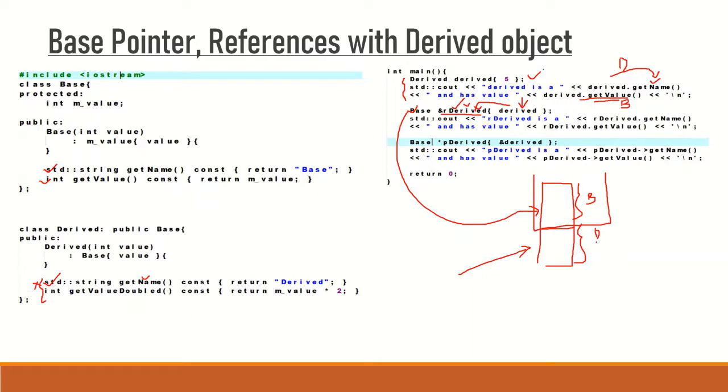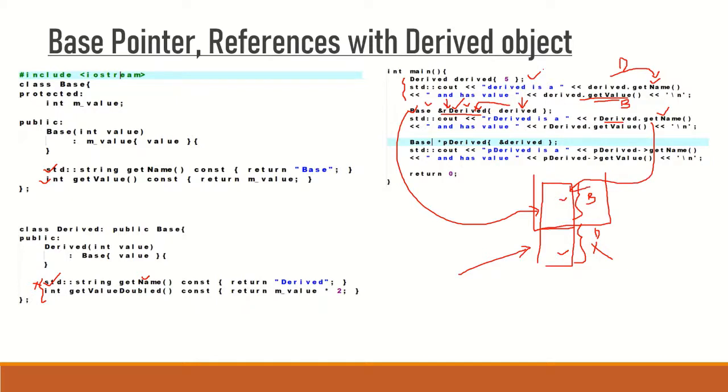It cannot access anything from the derived part. So rDerived is a base class reference and we are calling a method called getName. getName is also available in the derived part, but we are using a base class reference, so it is going to call getName from the base part of the derived object.